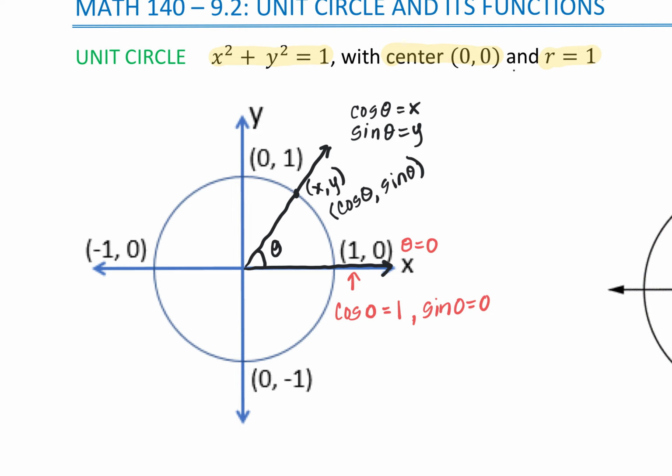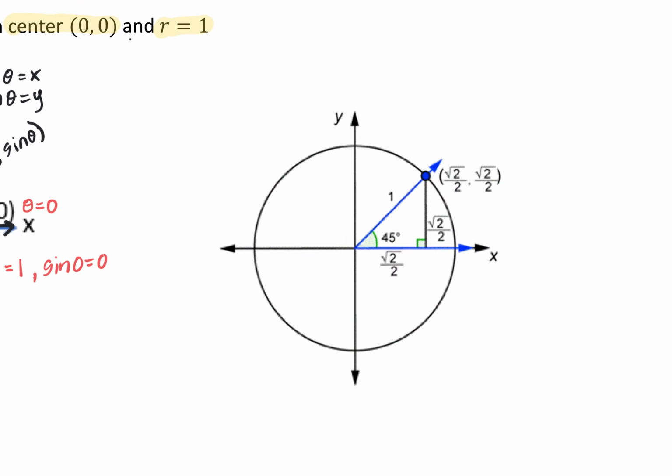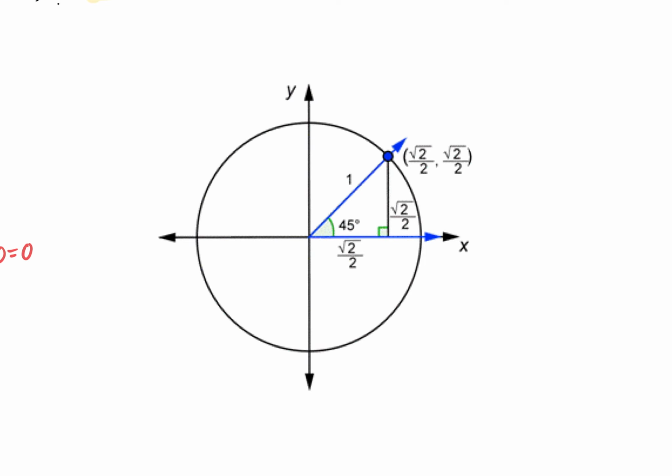So if we look at this next diagram, again, we have a unit circle. So for example, we'll review some of the trigonometric functions from geometry. Let's look at this point that we have on our circle. This point is the point square root 2 over 2, comma, square root 2 over 2.